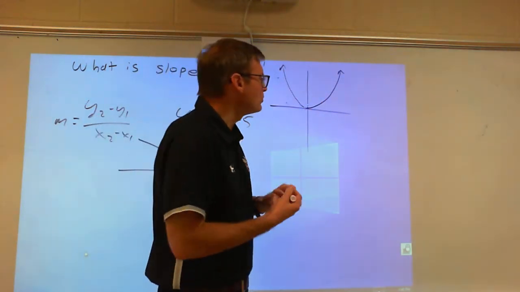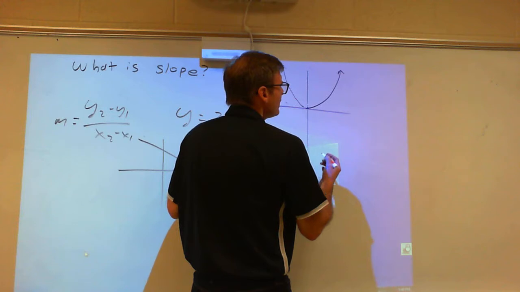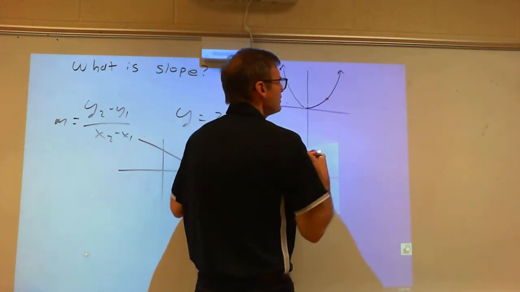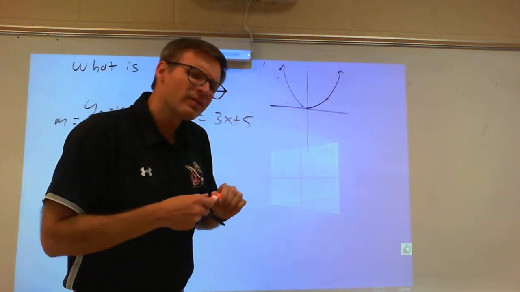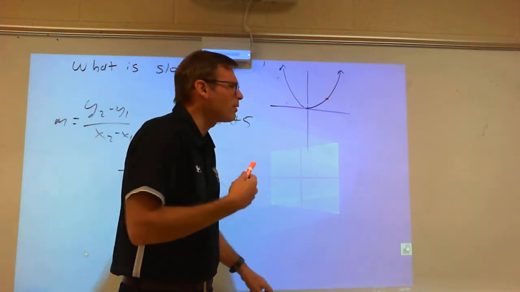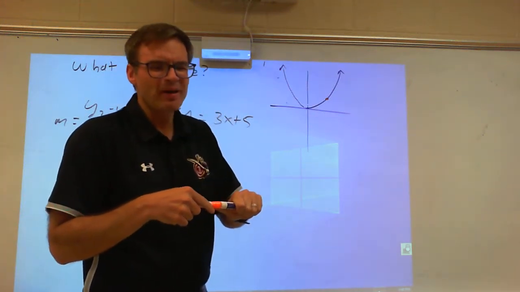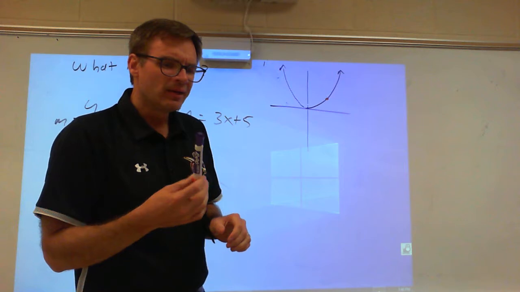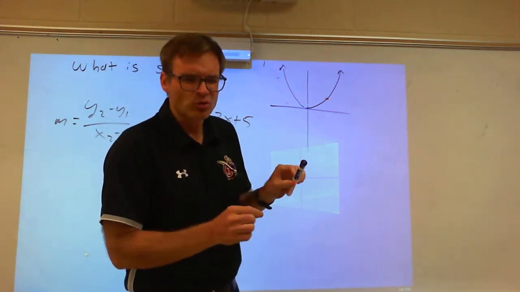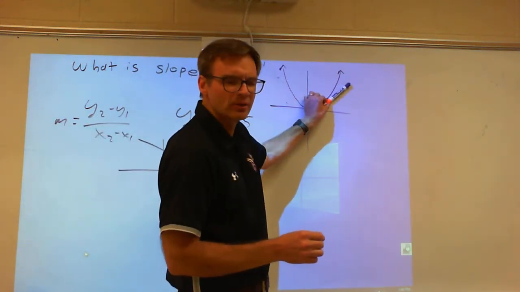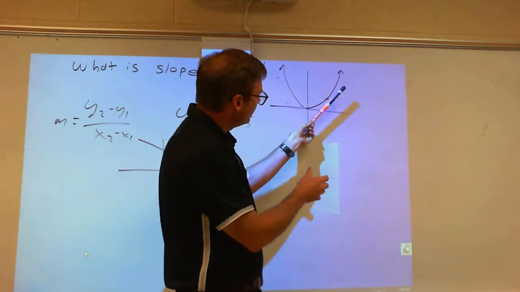Well, if you're interested in how steep a graph is at a certain point, you want to think about the tangent line at that point. A tangent line is the line that just grazes it, like here, right? I'm going to use this as my little line.